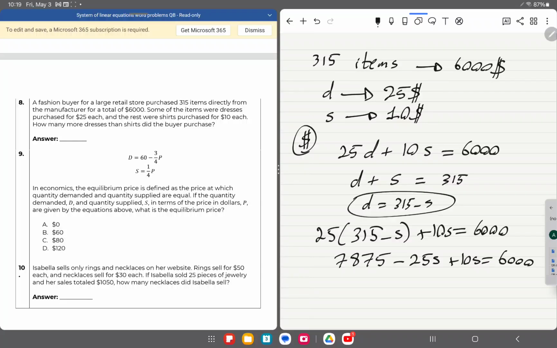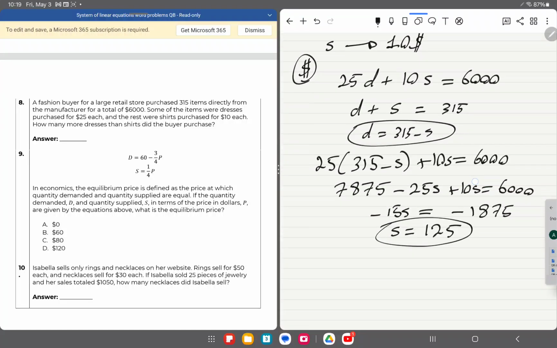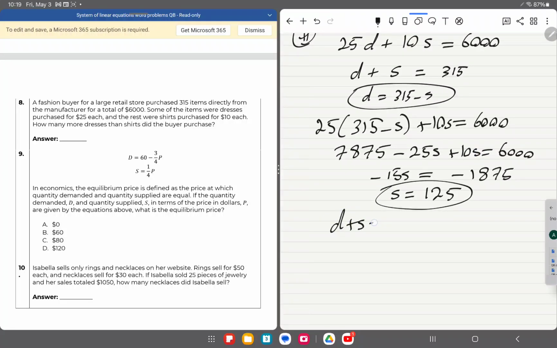Now 6,000 minus 7,875, you would get minus 1,875 is equal to minus 15S. S is going to be equal to 125. D plus S is equal to 315. So D is equal to 315 minus 125, which is 200.